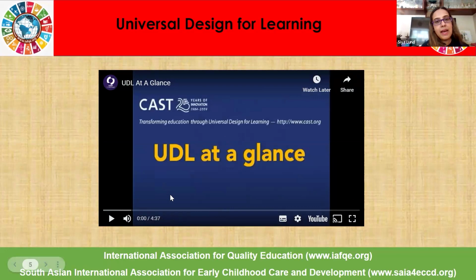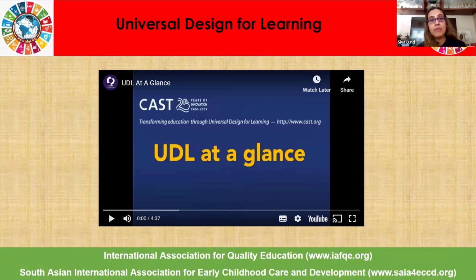So the universal design for learning is especially catering to inclusivity, and it talks about adapting our role as educators. How can we adapt our schools, our classrooms, our learning environment towards the needs of the children who come into our classrooms? They could be from diverse backgrounds culturally, socioeconomically, or in intelligence, in the way we are wired.